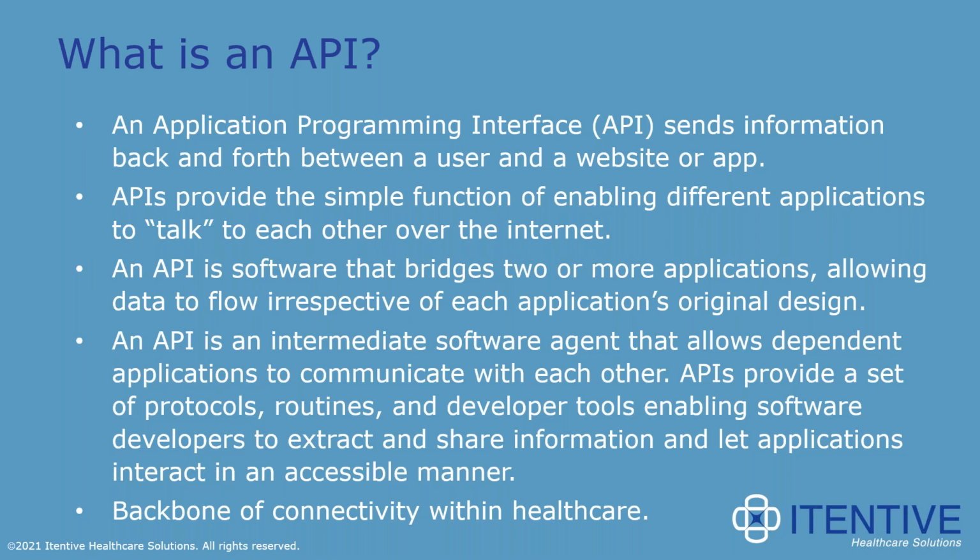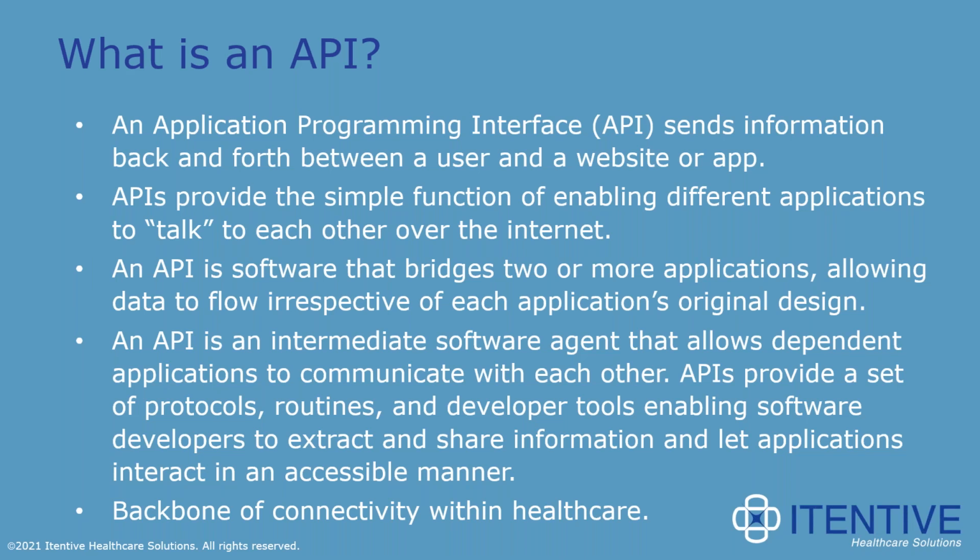So APIs provide a set of protocols, routines, and developer tools that will enable software developers to extract and share information and let applications interact in an accessible manner. So explaining that without any technical jargon and acronyms, an API is software that bridges two or more applications, allowing data to flow irrespective of each application's original design.